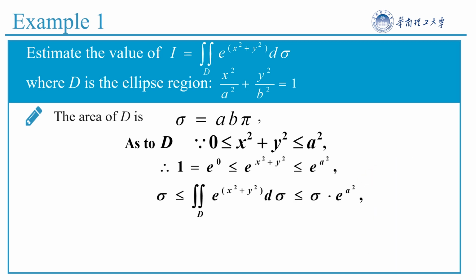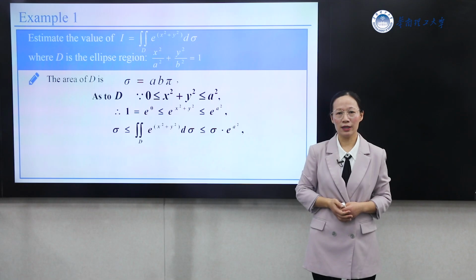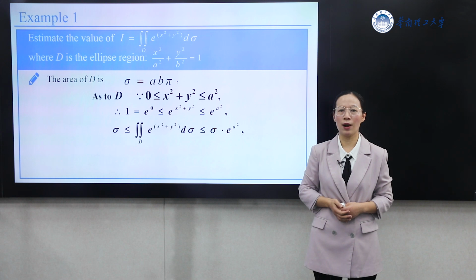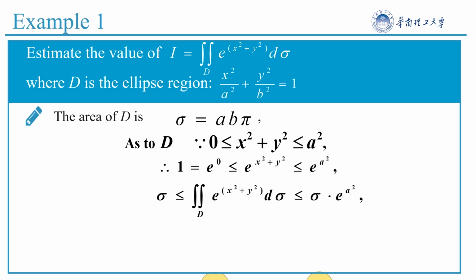Hence, we have the result: e to the power x squared plus y squared is between 1 and e to the power a squared. According to the evaluation theorem, we have the double integral is greater than or equal to sigma and is less than or equal to sigma times e to the power a squared.